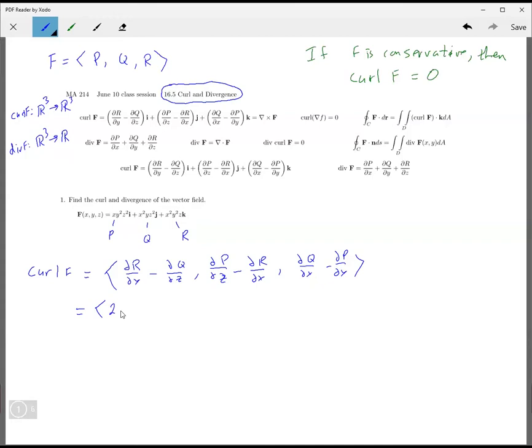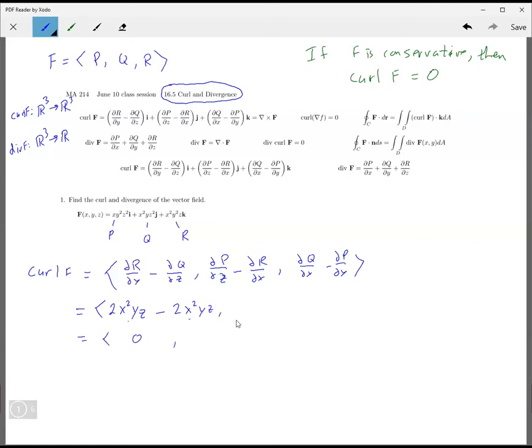So partial of R with respect to y, what is that? 2yx squared z. Don't forget the z there too. Then we have the partial of Q with respect to z: 2z x squared y. Those are the same, right? So I'm just going to say that's 0.